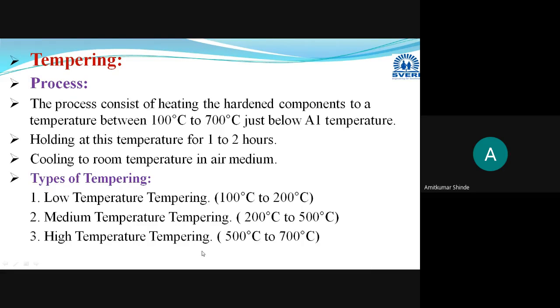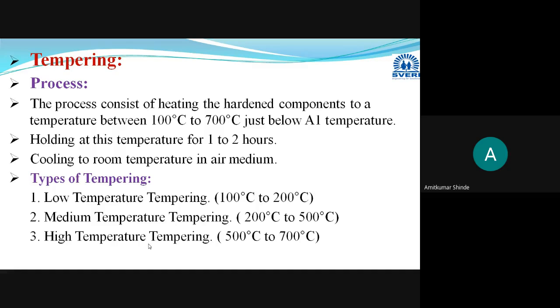And what actually happens during this process? Now here, what is the difference between medium temperature and high temperature tempering? The same transformations occur again in the high temperature tempering. First, internal stresses will get eliminated due to transformation of martensite into tempered martensite and some transition carbides.